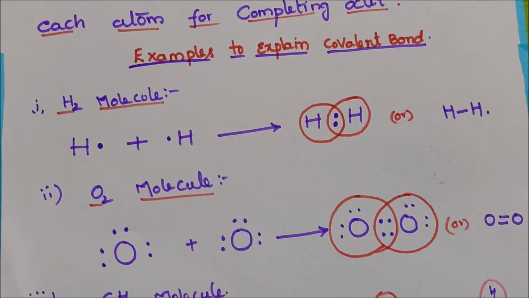Molecule means the number of atoms combined to form a molecule. Hydrogen molecule means two hydrogen atoms combined to form a molecule, attaining octet configuration to form a covalent bond.